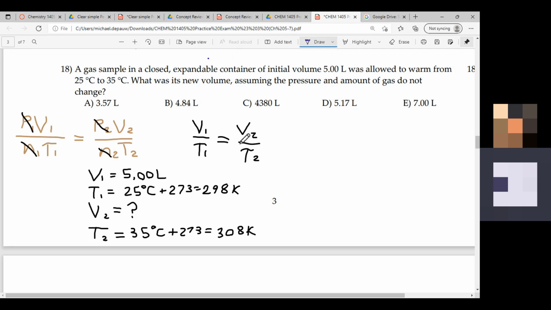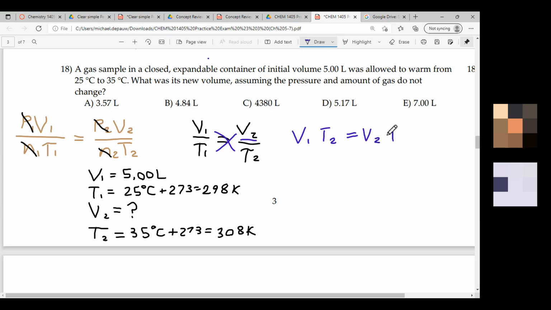I'm looking for V2, so I'm going to cross multiply this. And if I do, I get V1 times T2 is equal to V2 times T1. Cool? So then you're going to divide both sides by what? T1. You're trying to get V2 by itself.